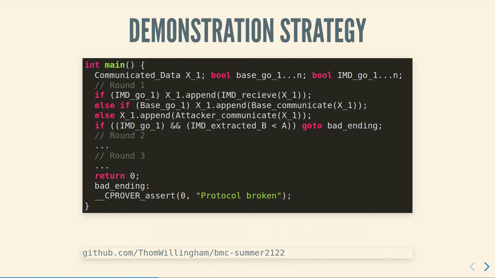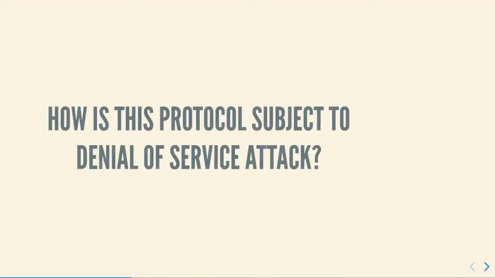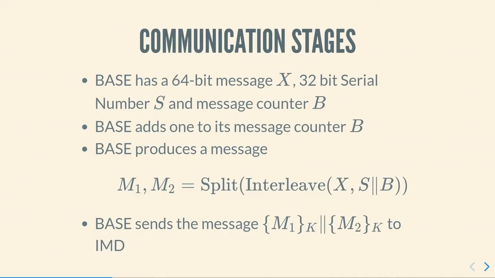So anyway, the full source code is in the GitHub, but the basic idea is pretty straightforward. We encode it in C with different variable fidelities. Previously the base station has a 64-bit message X and a 32-bit serial number and message counter, but the same attack could obviously hold with 32-bit messages or 16-bit messages and 8-bit serial numbers, right?